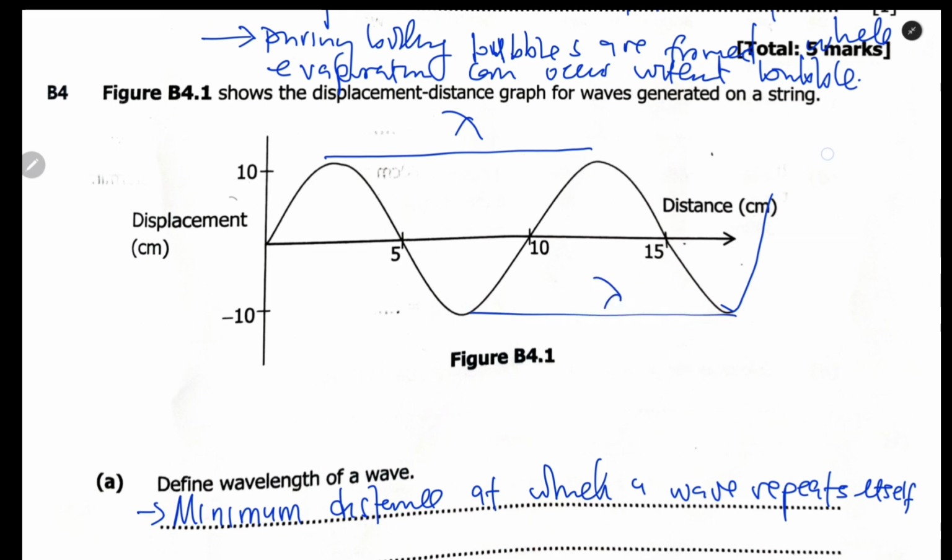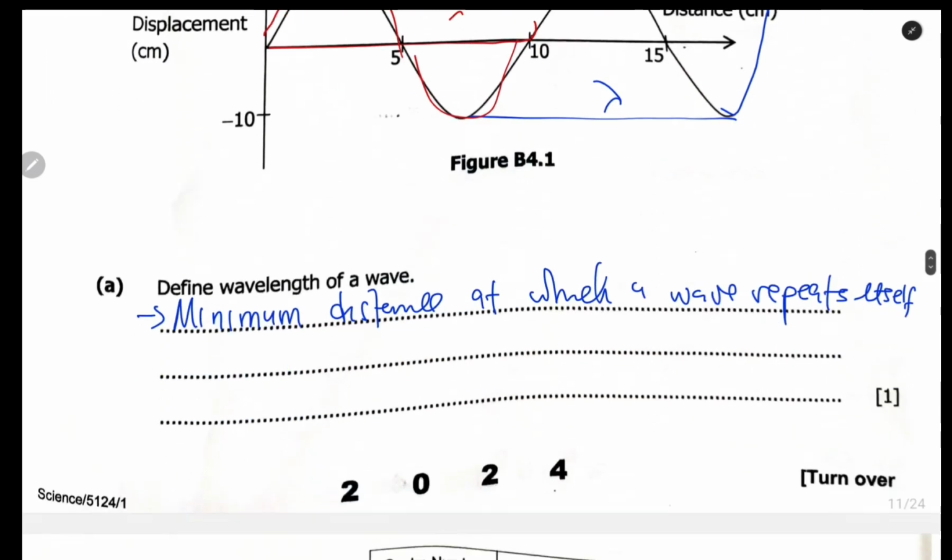By the way, the wavelength you denote by the symbol lambda. A trough, a crest and a trough make one wave. So the wavelength therefore is 10 centimeters.